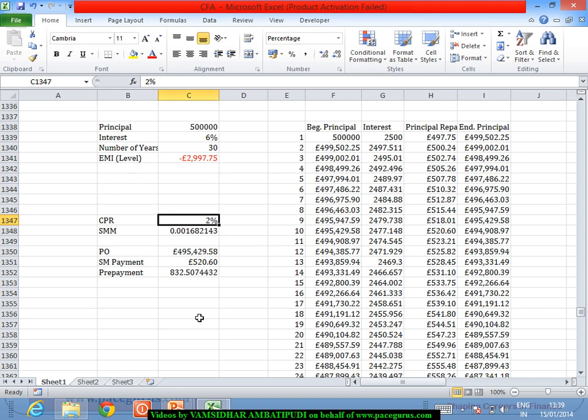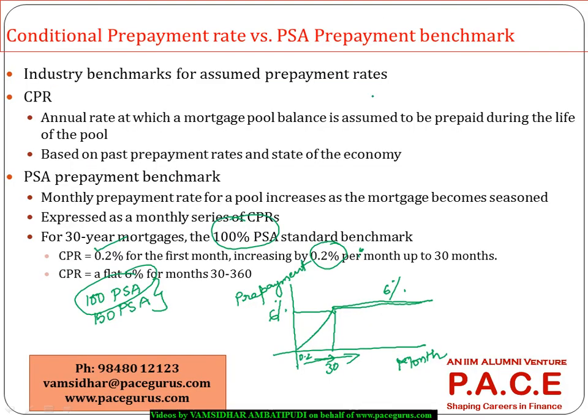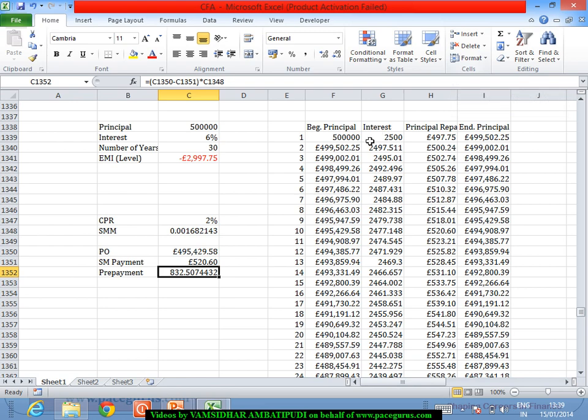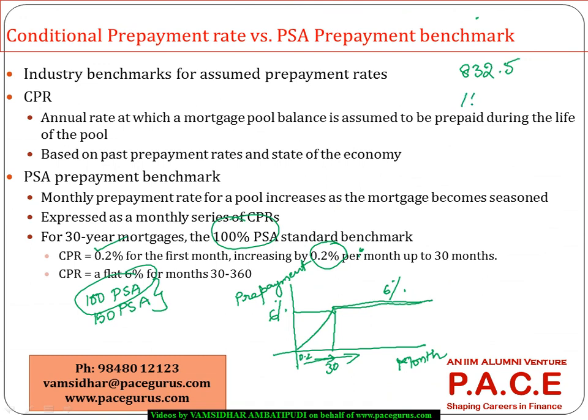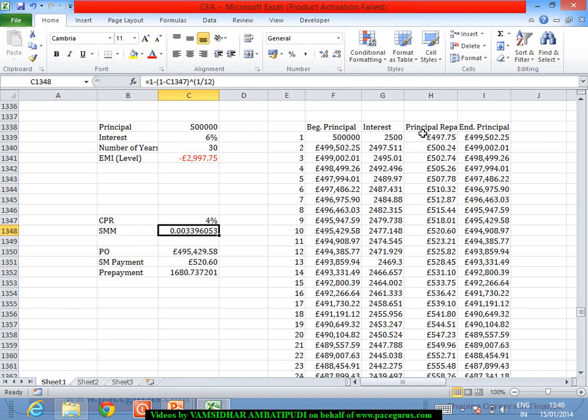Now let's understand one thing. If the CPR is 2%, this is 832.5. But if I make CPR 4%, just for understanding, this is 1680. Actually speaking, this is not double of this, right? So the arithmetic relationship does not hold true here.